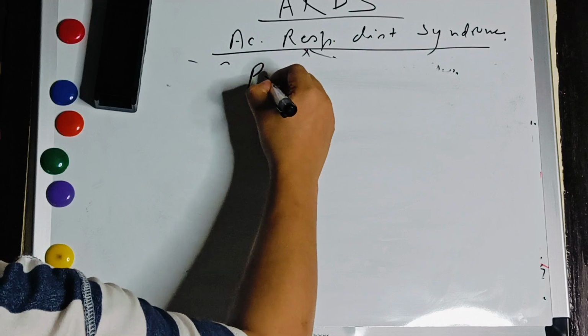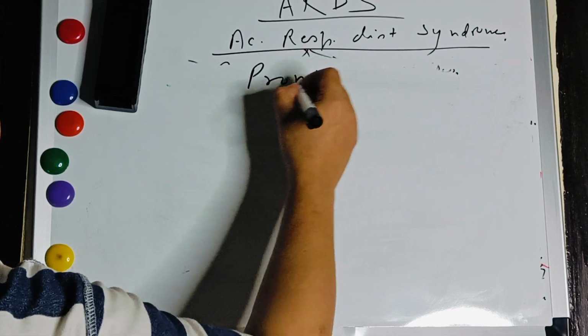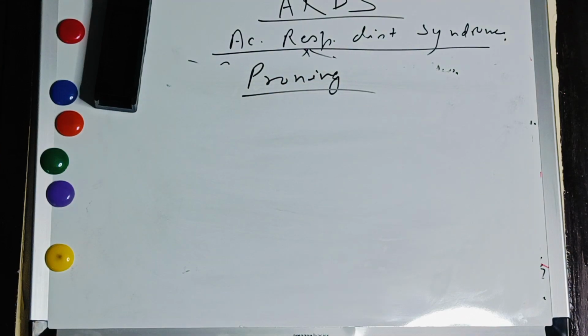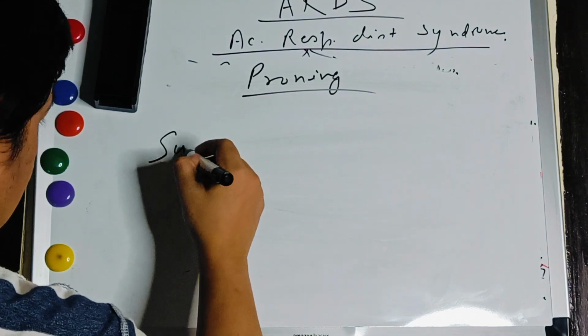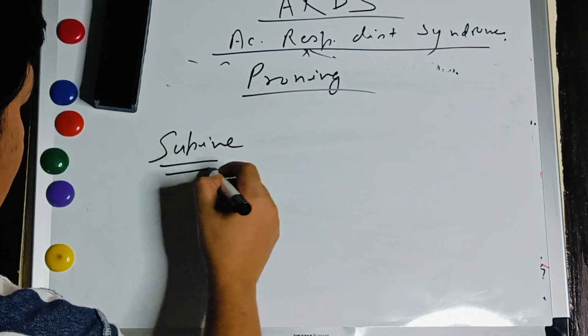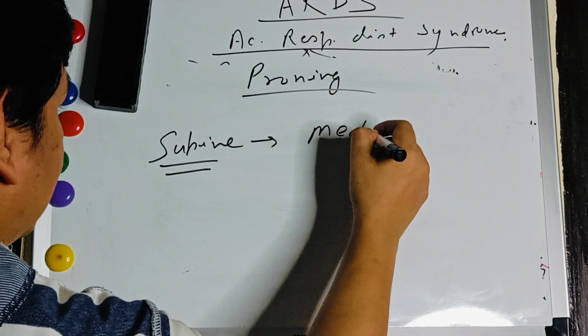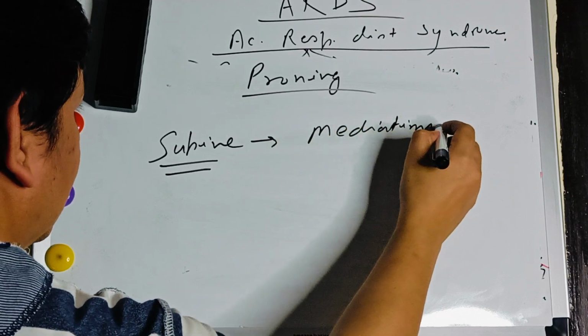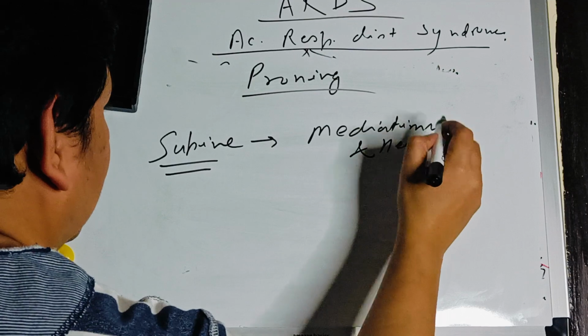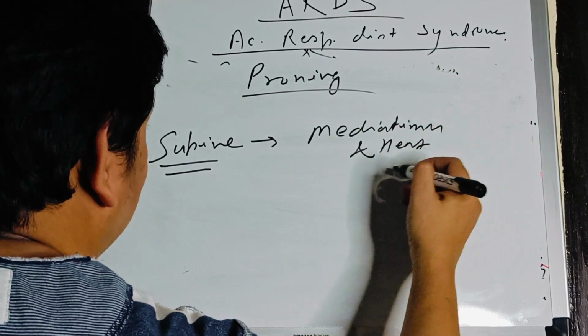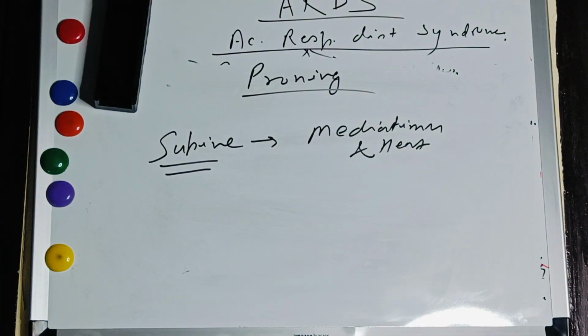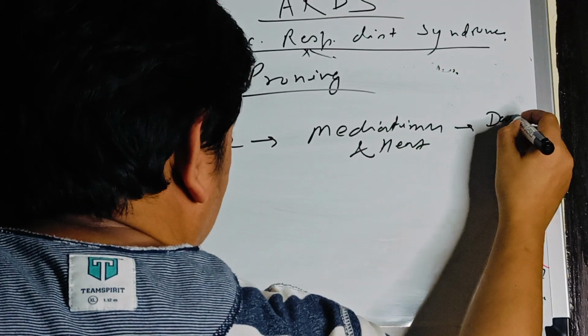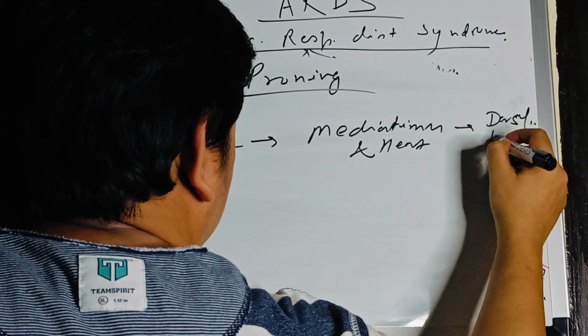So proning. How does proning give benefit? What happens in the supine position? The mediastinum and heart have a compressive pressure over the dorsal aspect of the lung, the dorsal lung areas.